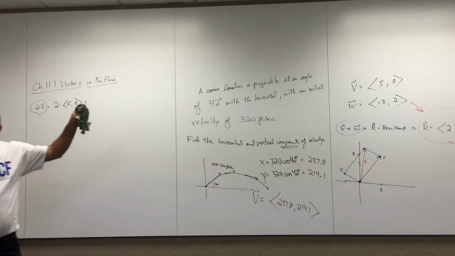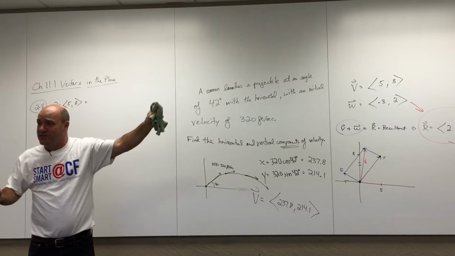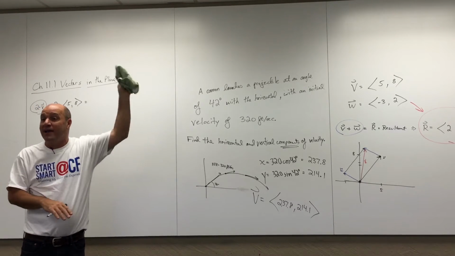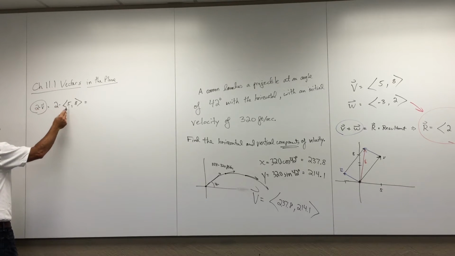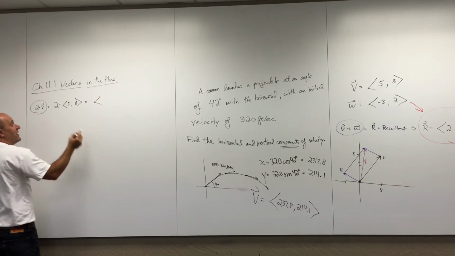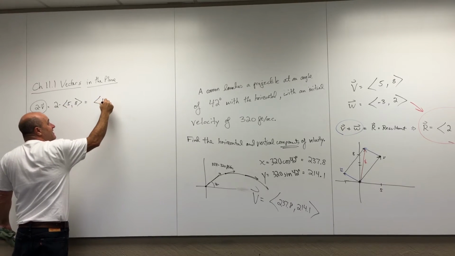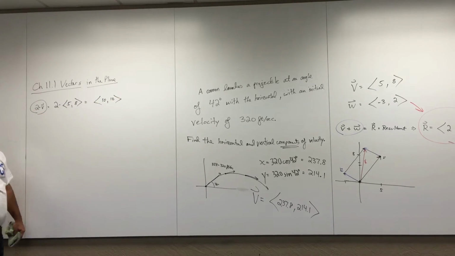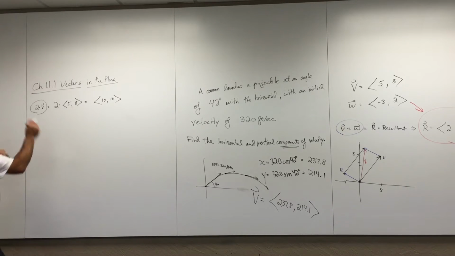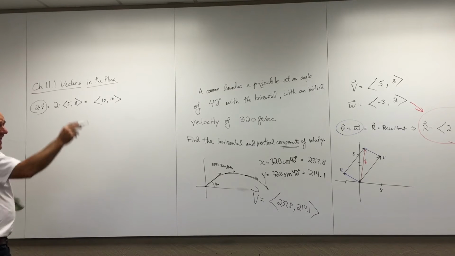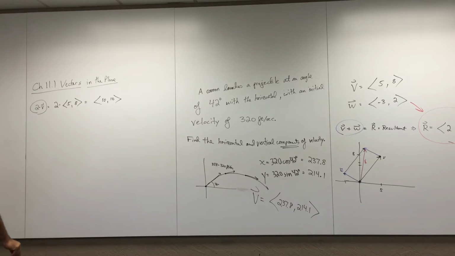That makes the x twice as long and the y twice as long. When you multiply a scalar times a vector, you distribute it, and you get 10, 16. And it is twice as long. Are you following me? So a scalar times a vector, and adding two vectors, we just stumbled into that.